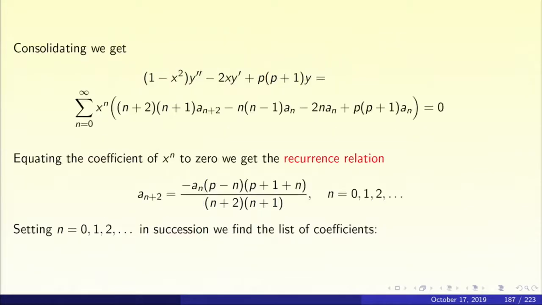Put n equal to 2 and we get a4 equal to minus a2 into (p-2)(p+3) upon 4 into 3 in the denominator. But a2 has been computed in terms of a0 in the previous step. So substitute that a2 over here and we get a4 in terms of a0.